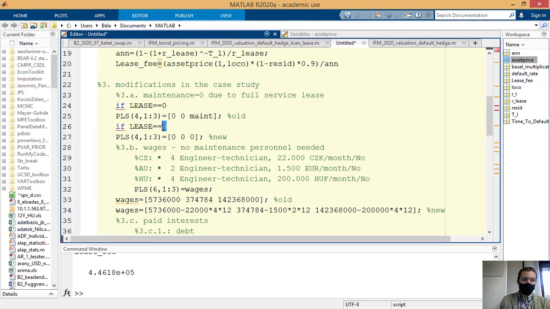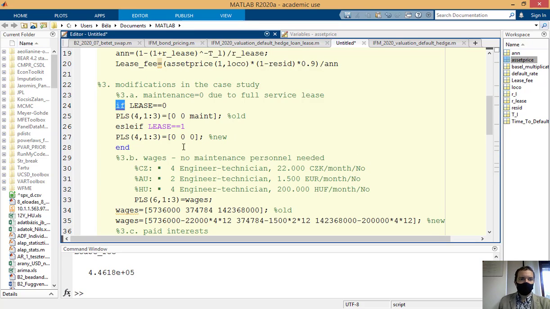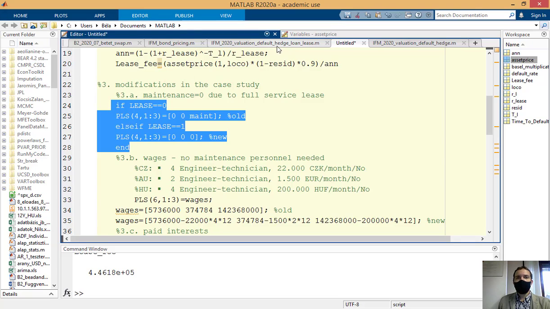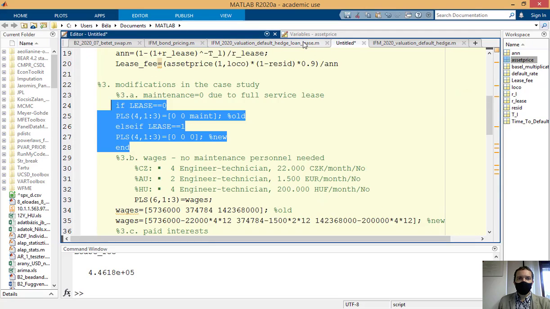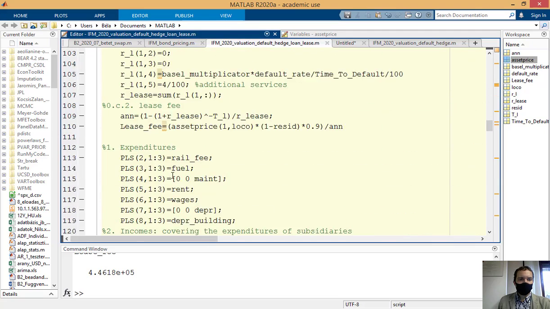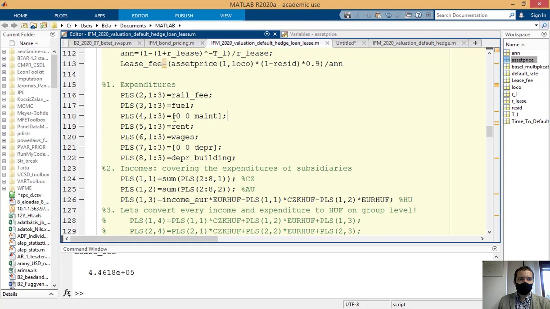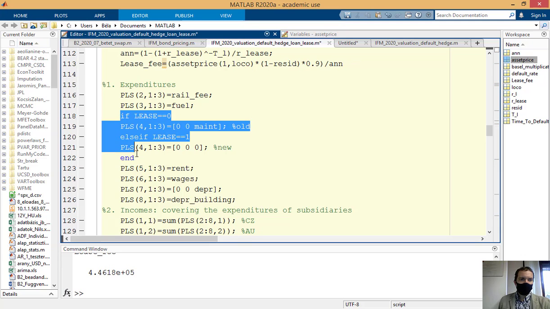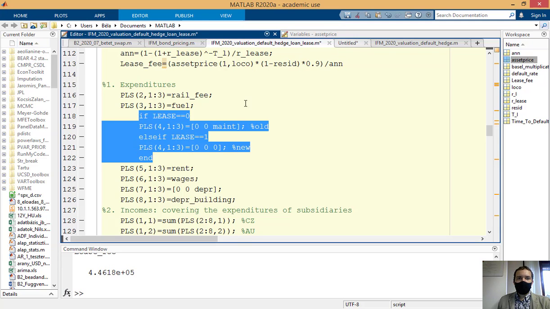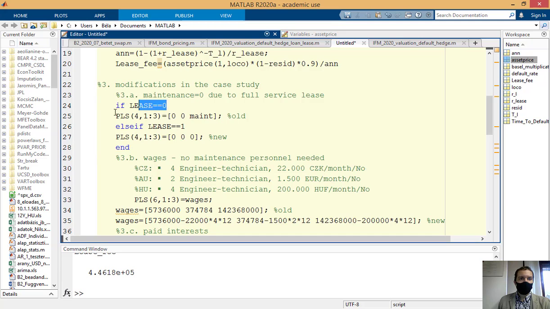If it's 1, then they will follow the new. Yeah, so we are changing this. Then, which is the next one?